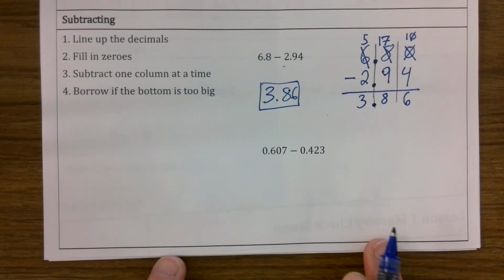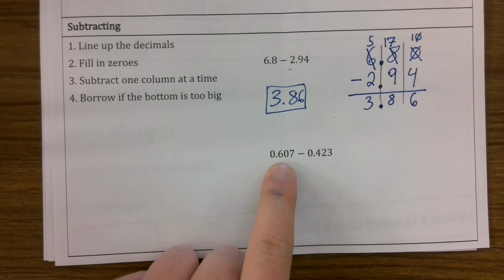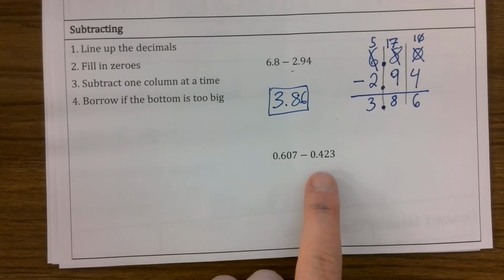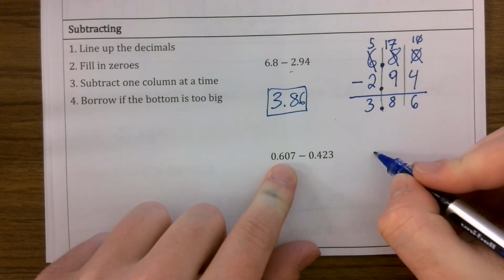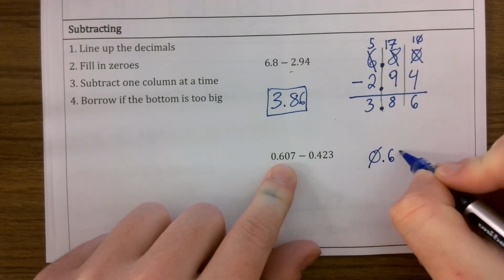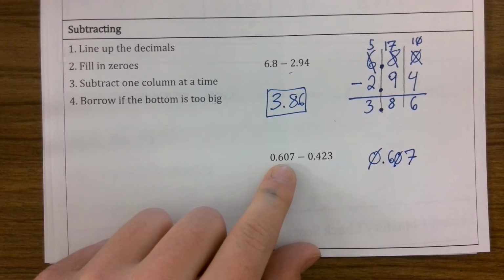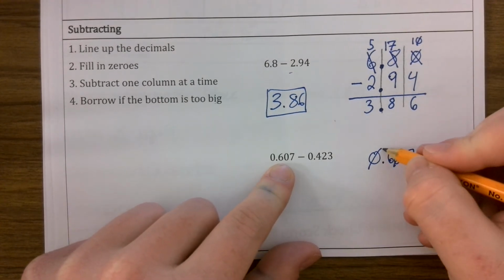All right, let's look at one more example. We have 0.607 minus 0.423. First number goes on top, 0.607, and I scrunched those a little bit, but that's okay. I'm going to draw in my grid.